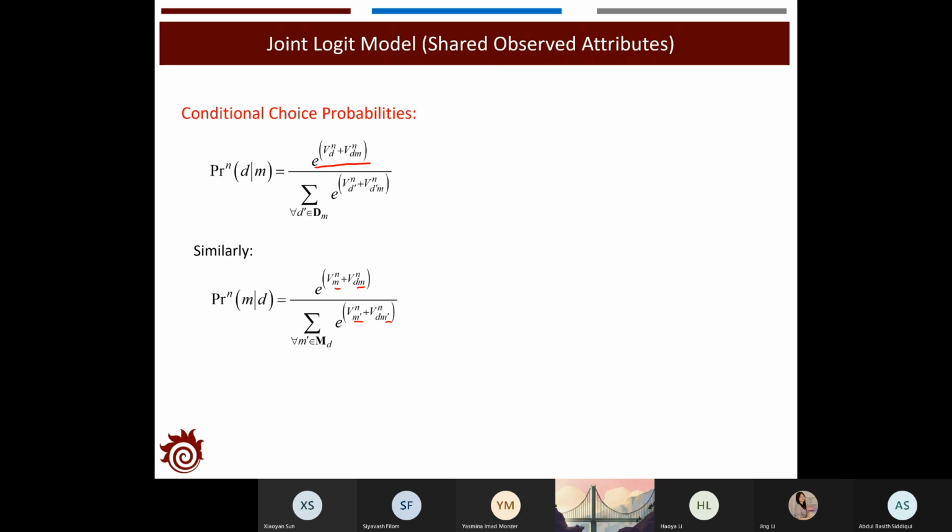So that's what we derived for the joint probability, conditional probability, and marginal probability.